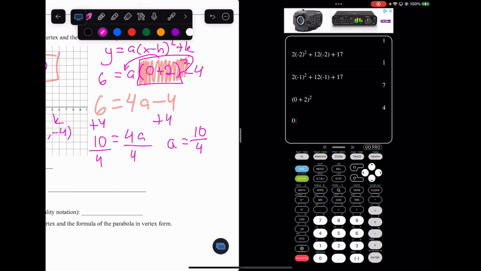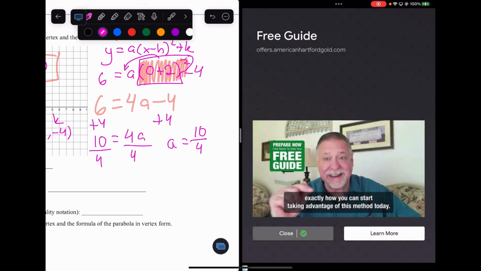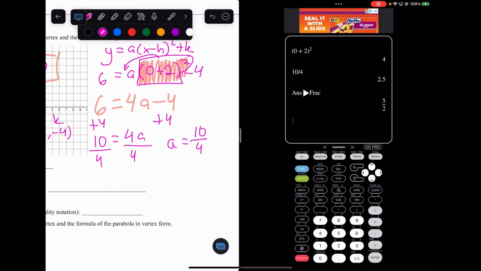So we're going to do 10 divided by 4, and I got 2.5. So you could either give me 2.5, or 5/2. You can give me 5 halves, or you can give me 2.5 as your a value. It doesn't matter which one you choose because it is a terminating decimal.